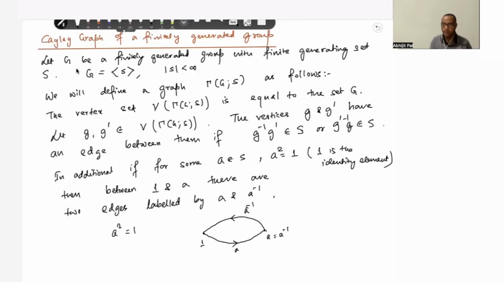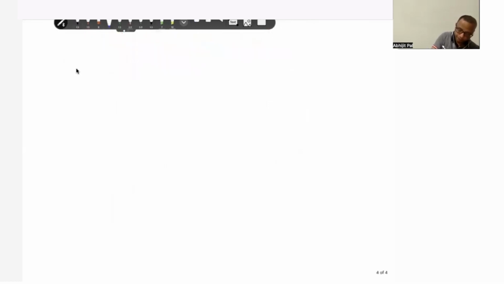Okay, so now let me come to examples. Let us first start with the free group of rank 2.